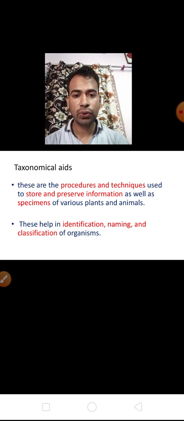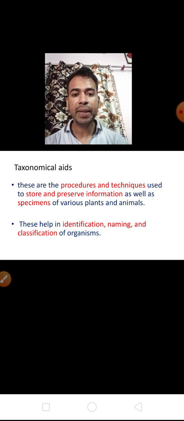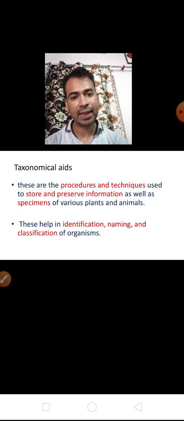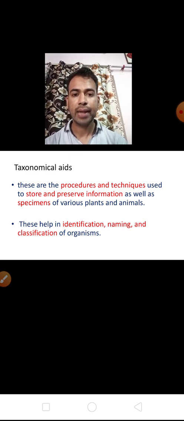If we preserve the information of plants and animals, this helps in identification, in naming, nomenclature, and also in classification. So taxonomical aids play a very important role in identification, nomenclature, and classification of organisms.